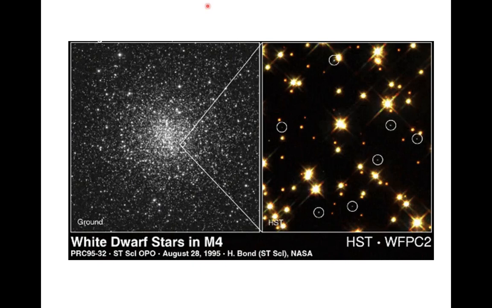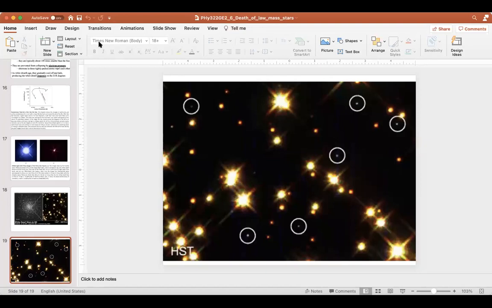Now, that's the end of the death of low mass stars. Before I go into the high mass stars, remember that I told you there is a small section I want to go through that will help you to complete this tutorial, right?